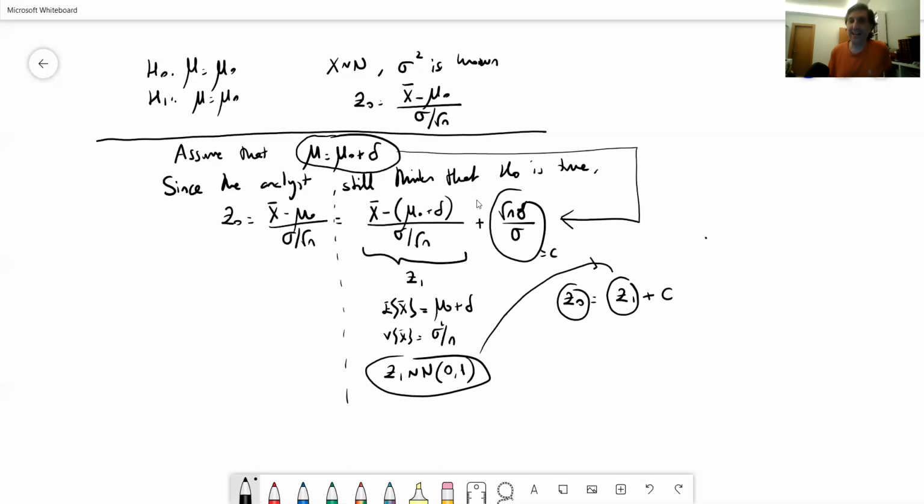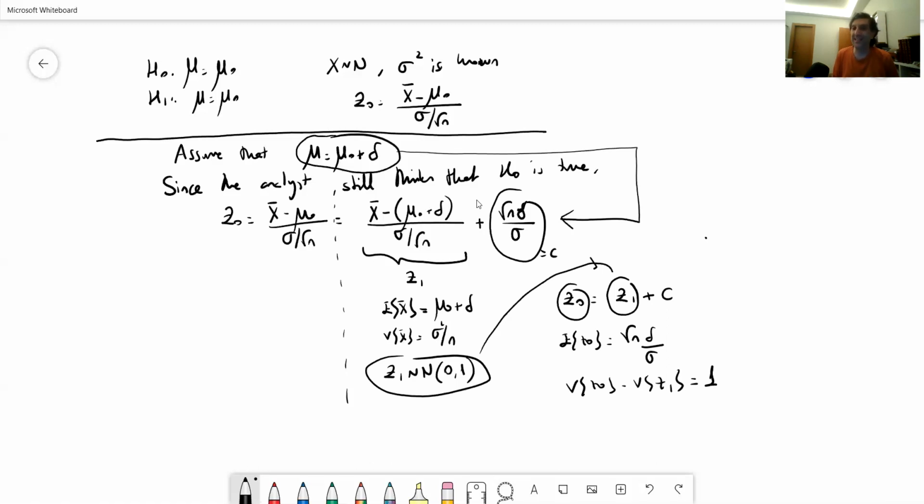Yes, we can. If you take the expected values of both sides, the expected value of Z1 is going to be 0, and this is going to be a constant. That constant is going to be square root of n delta over standard deviation. And the variance of Z0, since this is a constant, is going to be simply equal to the variance of Z1, which is equal to 1.